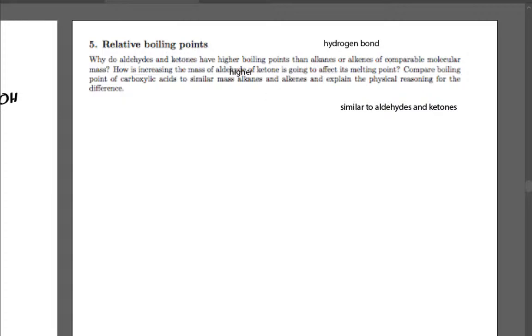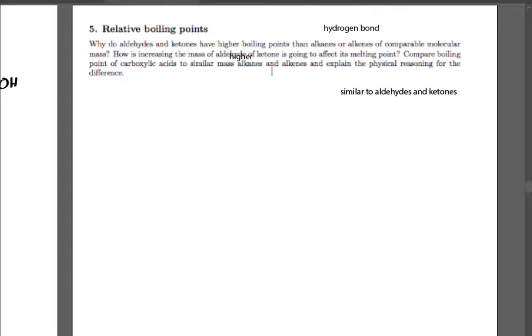For me the boiling point would be similar to the aldehydes and ketones because of its hydrogen bonds. But wait, what is aldehyde? You could say similar to aldehydes and ketones, because that's my logic.